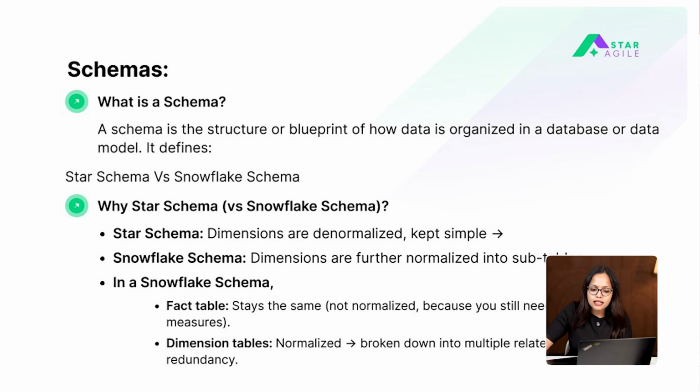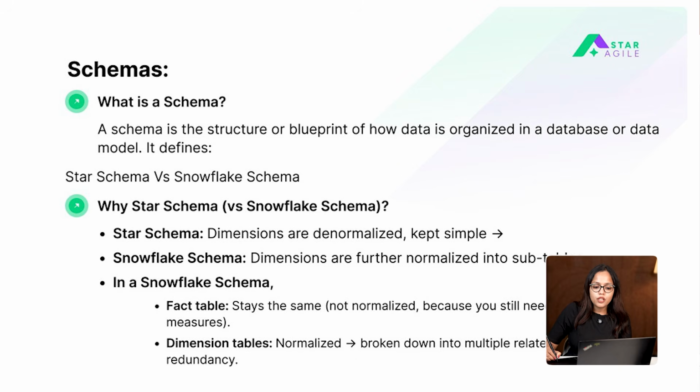Schema is nothing but a structure or a blueprint of how the data is organized in the database. Your star schema is basically the blueprint of how you have connected and modeled all the data. And we did see the various differences between the star schema and the Snowflake schema as well.